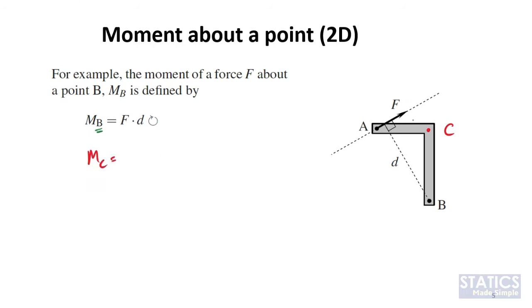The moment at point C will be equal to, again, F times the perpendicular distance, basically this guy here. Let's say, for example, I just give another name here. Let's say this is equal to E, right? So F times E. And this force will cause a rotation that is clockwise with respect to C. So the direction of the rotation is clockwise.